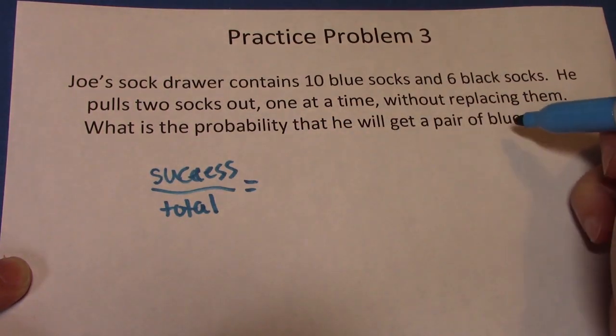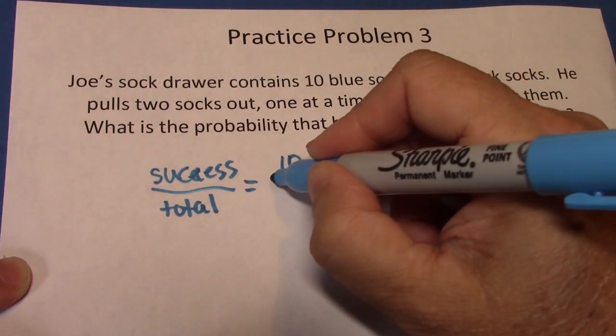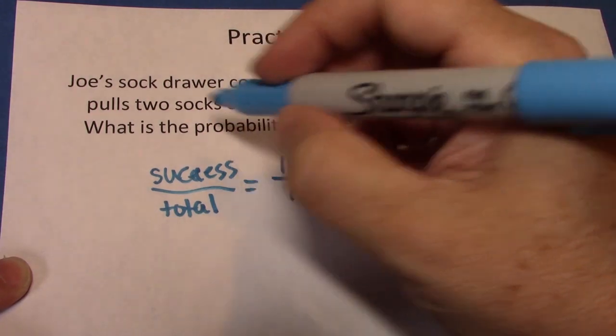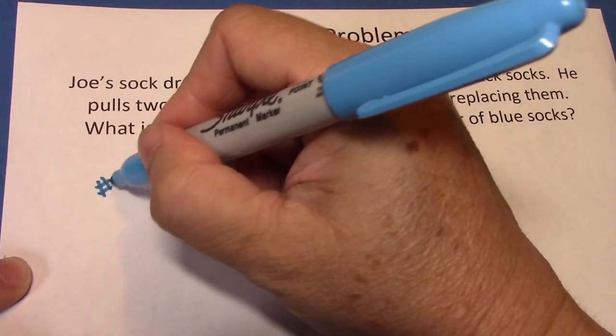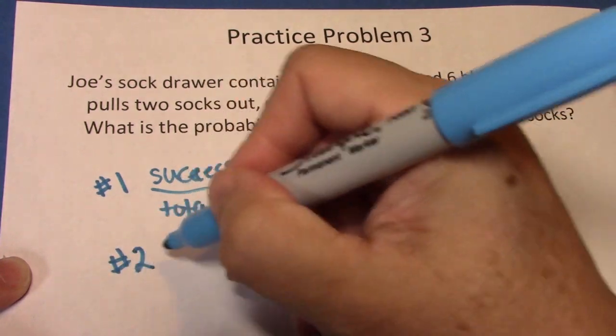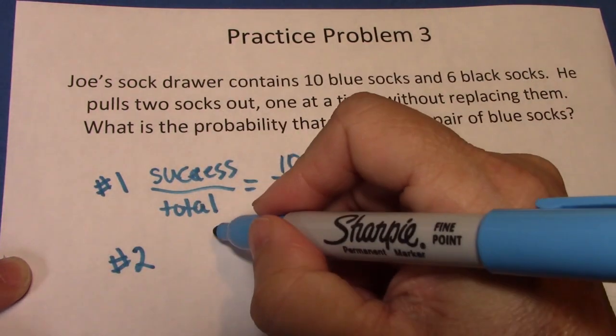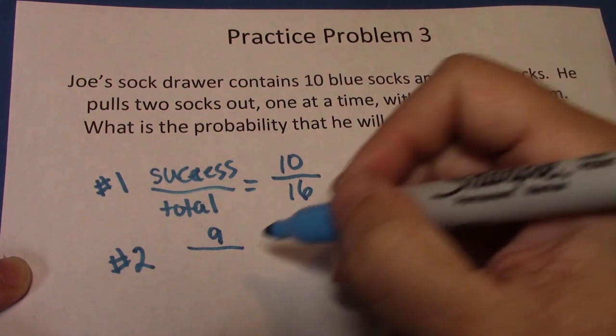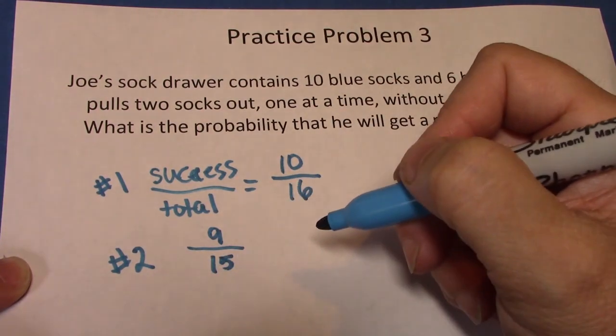And so success is blue. There are 10 blue, and there's a total of 16. That's event number 1. Event number 2, success now is only 9 possibles because we've already taken one of the blue socks out, and there's only 15 socks in the drawer this time.